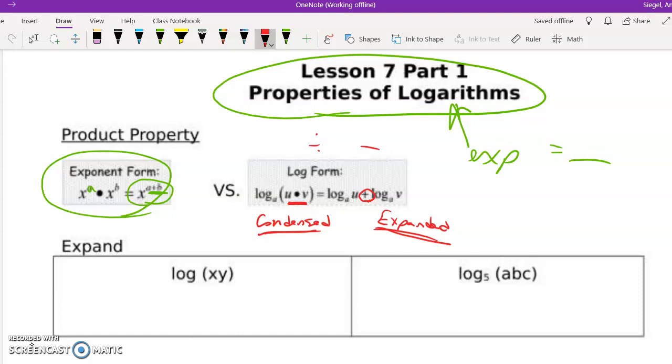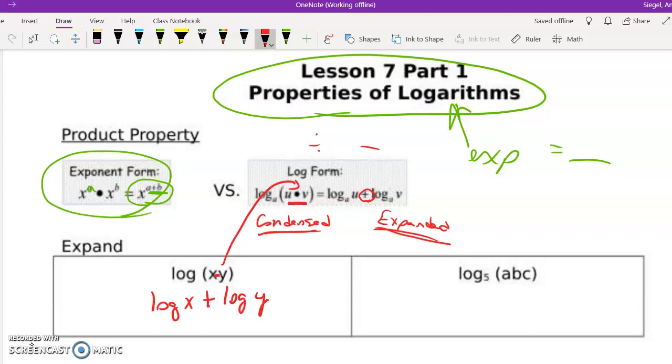Okay, so if I'm going to expand log of xy, then I'm going to say log of x, and notice that this is being multiplied together just like this one, plus log of y. So that's how you expand those.